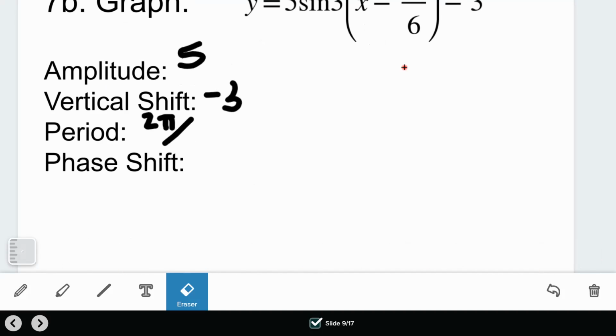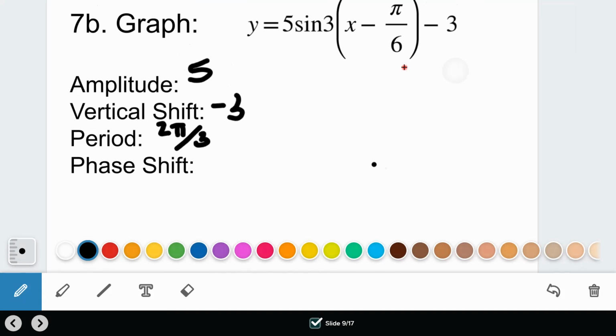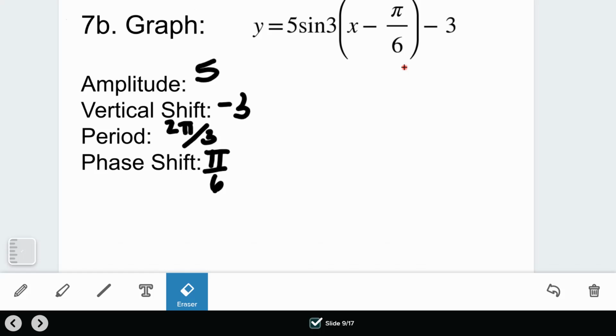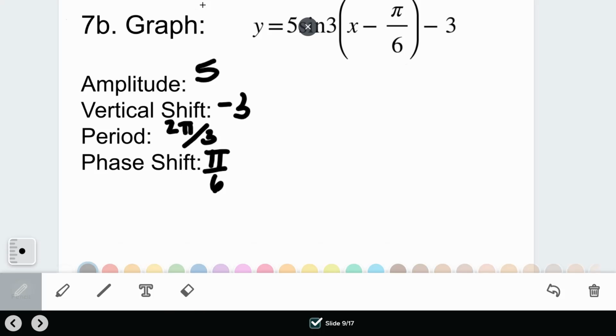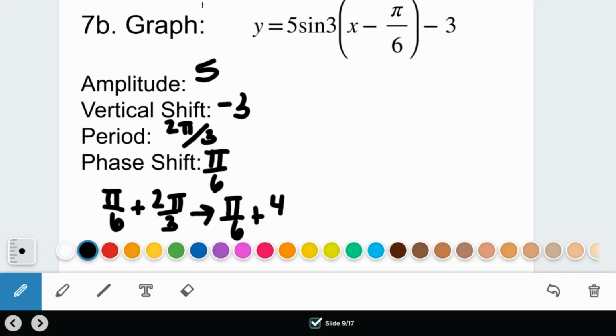Our phase shift is going to be pi sixths. Okay, so now when I'm trying to figure out where we're going to start and stop, we are starting at pi sixths. We are going to be going 2 pi thirds away. That means pi sixths plus 4 pi sixths. And we're going to end at 5 pi sixths.